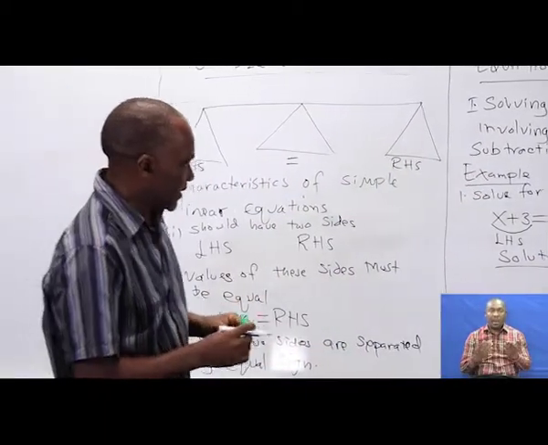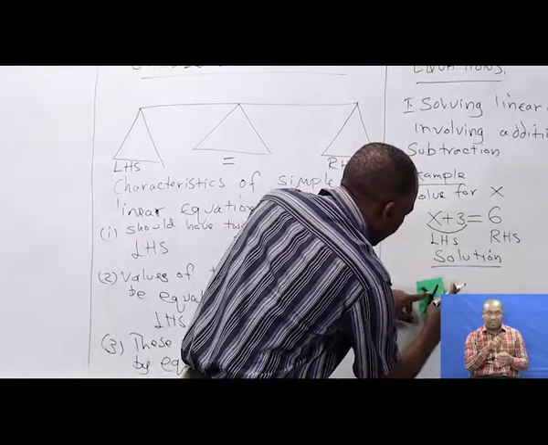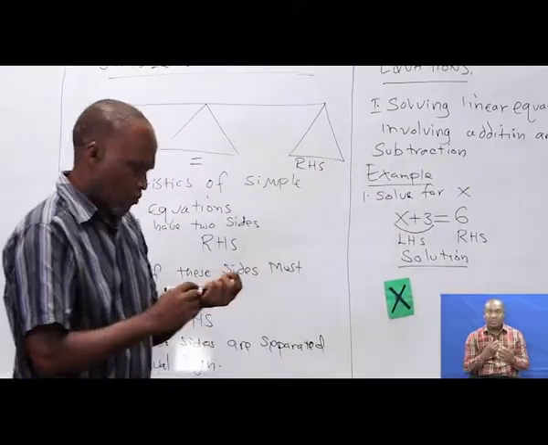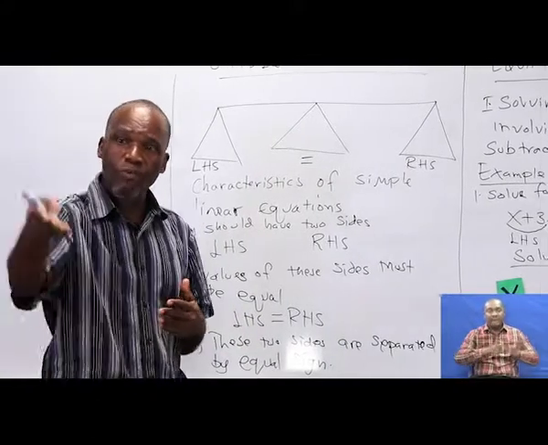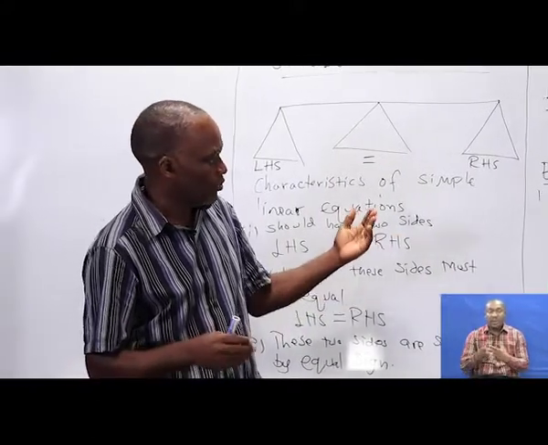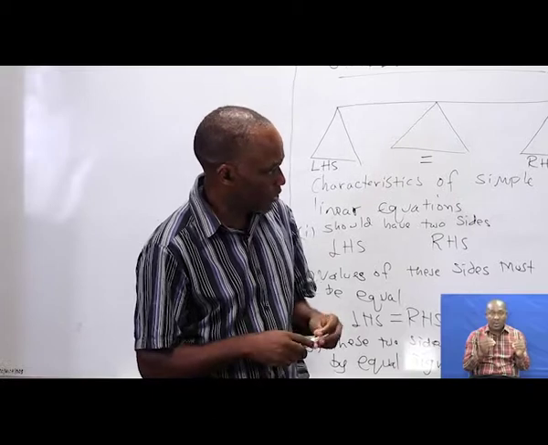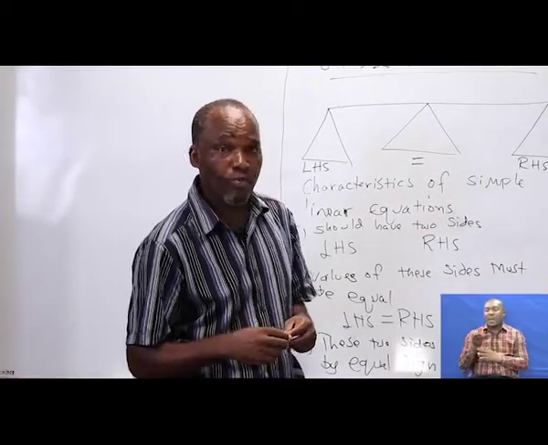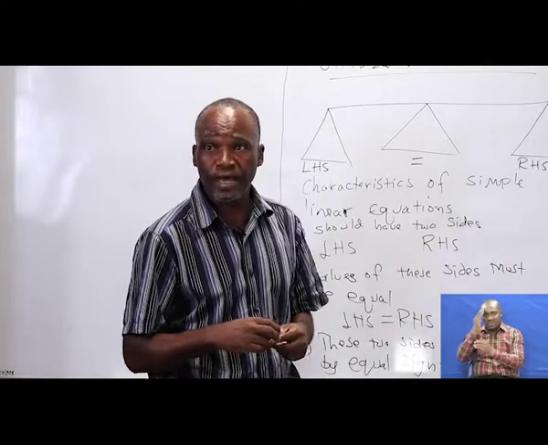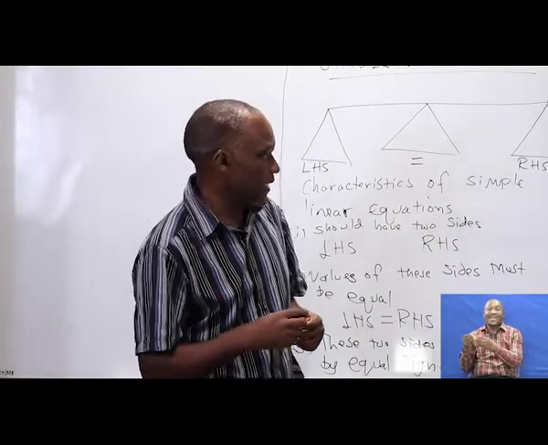Here we have different methods of solving these equations. We have a common method, which is used by many textbooks, and we have another method which is not common, and that method is very easy and is the shortest one.